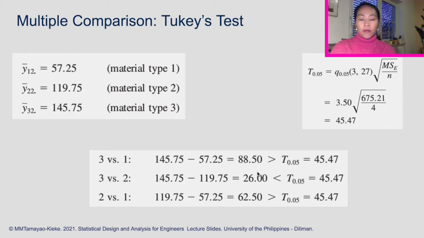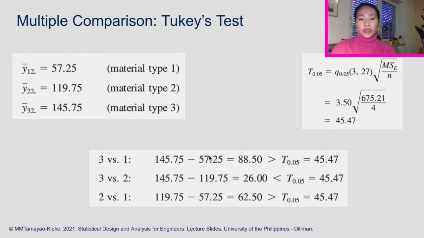Looking at the numbers for the comparison between the other material types, we can see that 2 versus 1 is also significant, 62.5 being greater than T at 0.05, whereas 3 versus 2 is not.